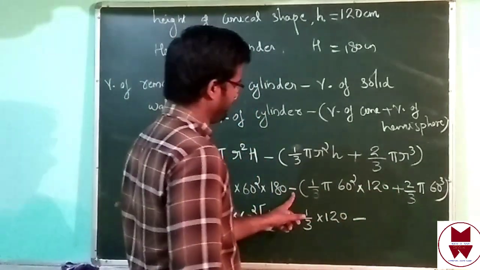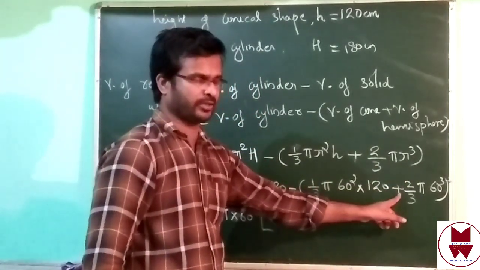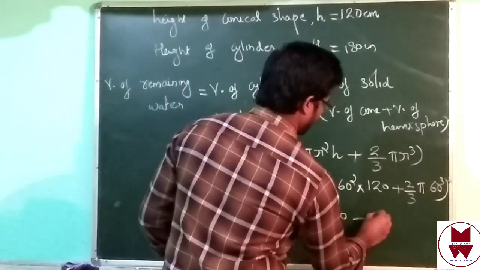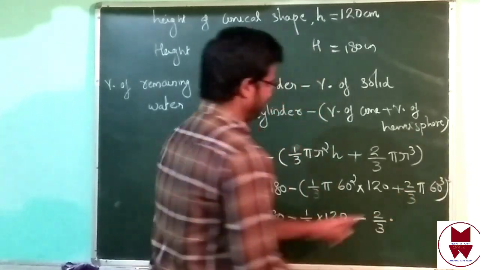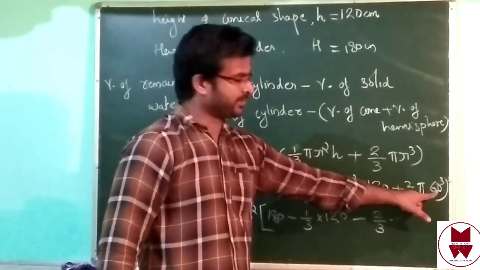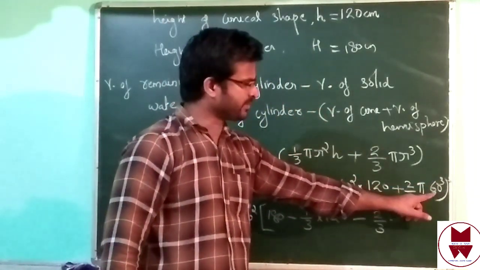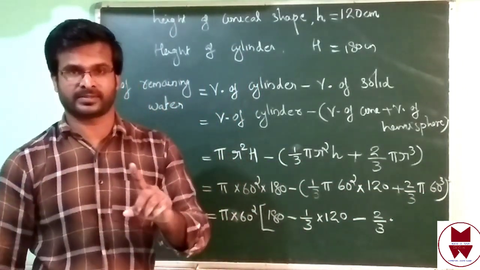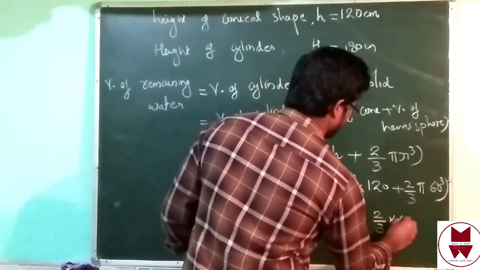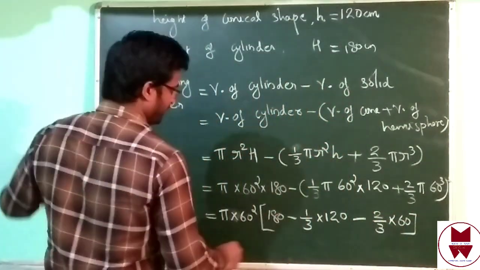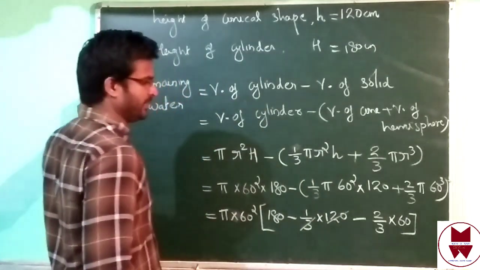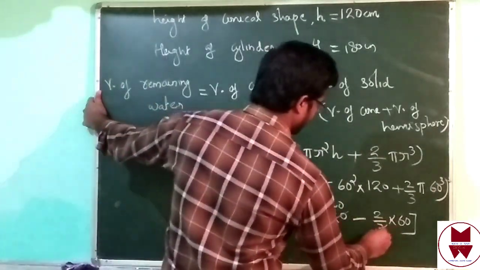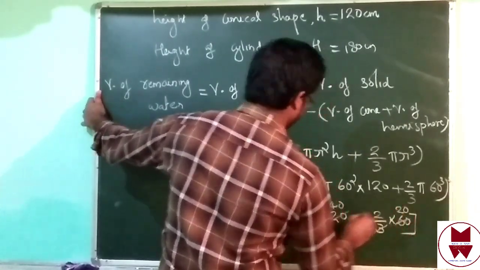Keep in mind, this minus you have to multiply in here also. Minus into plus, that will be minus 2 by 3. This pi I already took outside. Then 60 cube is there, from 60 cube I took 60 square, then what is remaining? Remaining 60. Then 3 and 120 cancel, you will get 40. Then 3 and 60 cancel, 20.